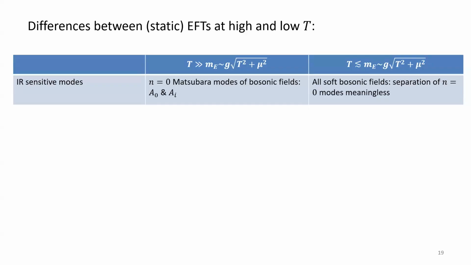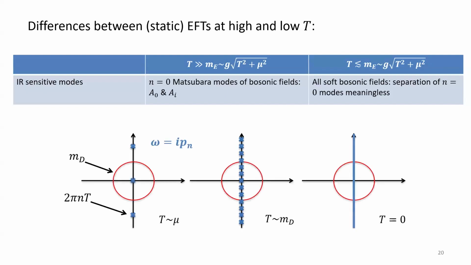So what one really needs to look at is the scale of the four-momentum of a field mode. And why this is, roughly speaking, can be at least qualitatively understood from this funny looking picture, which shows the individual Matsubara modes on this complex omega plane, where omega is essentially i times the bosonic Matsubara frequency.